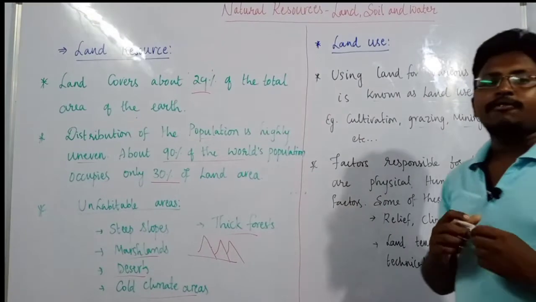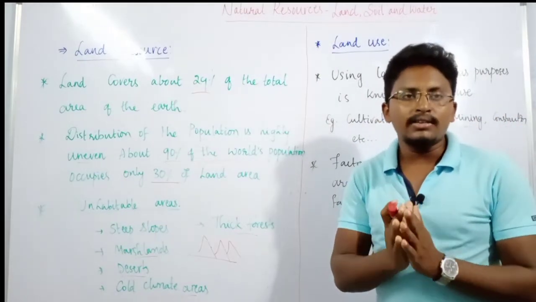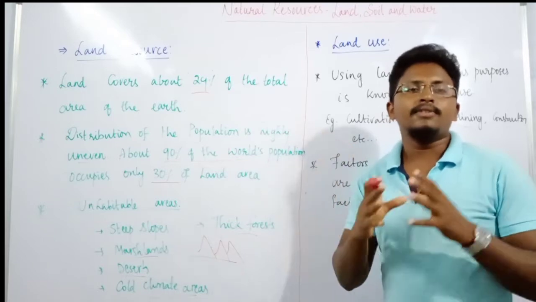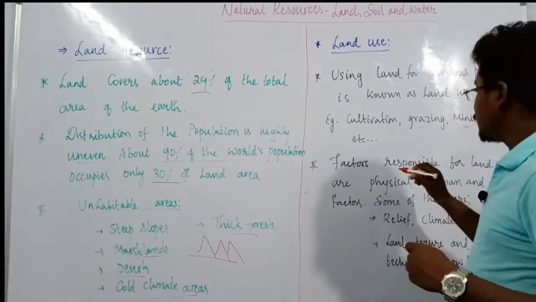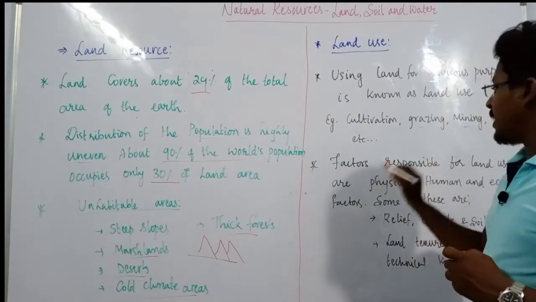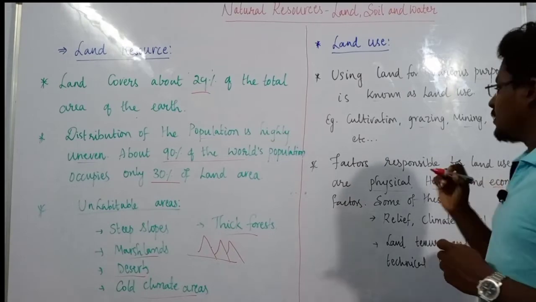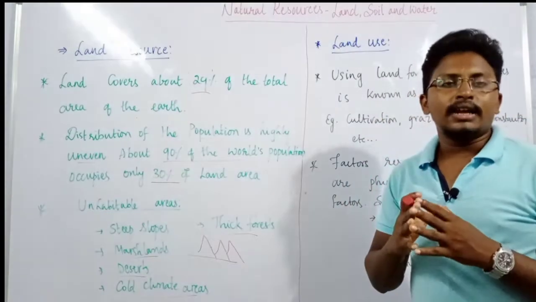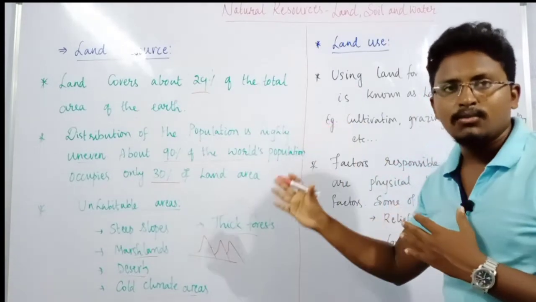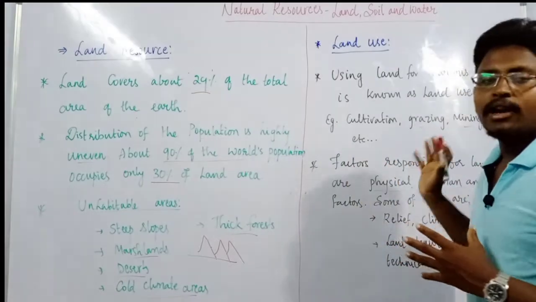What are the factors that are responsible for land use? How do we decide the use of this land? Which factors mainly impact the use of land? The factors responsible for land use are physical factors, human factors as well as economic factors. In your higher classes, we can discuss in detail these human, physical and economic factors.